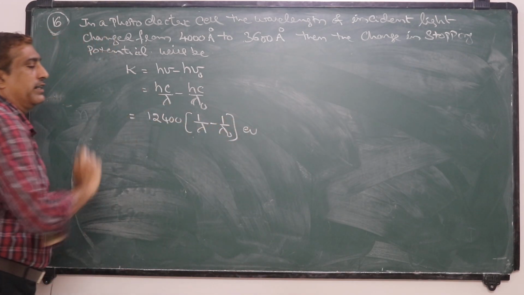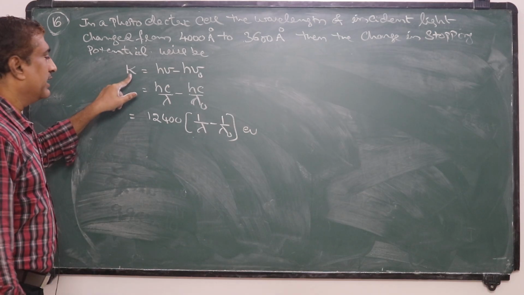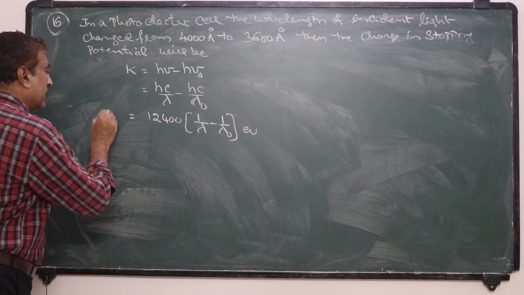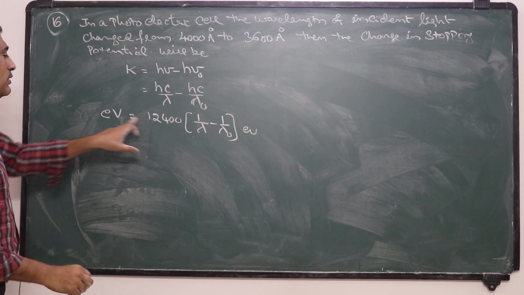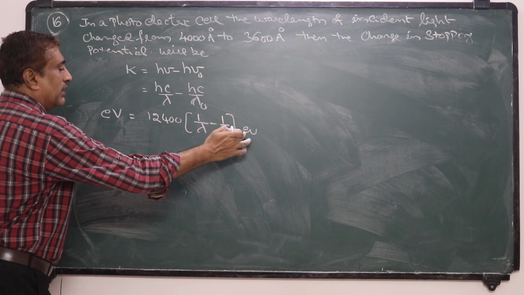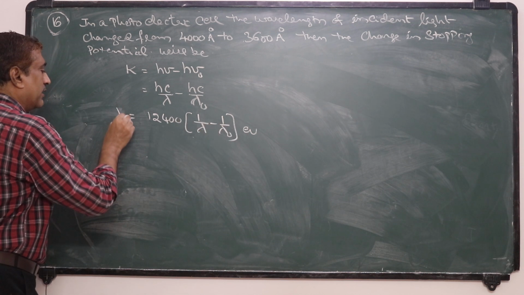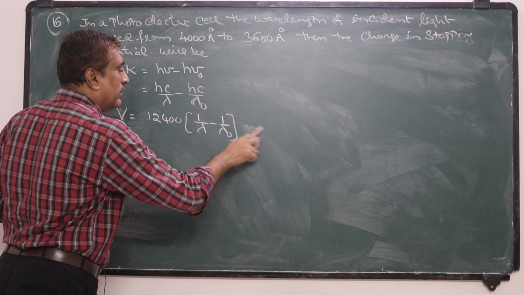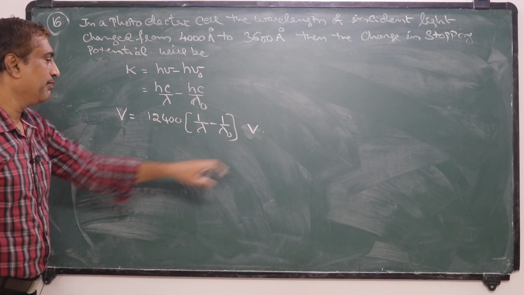This is the kinetic energy we will get. If we write this kinetic energy in terms of electron volt, that is in terms of potential, we can write eV naught equal to this, then we can cancel out the electron charge. So we can directly write the potential V as 12400 into this, in volt. So directly we get the answer in volt.